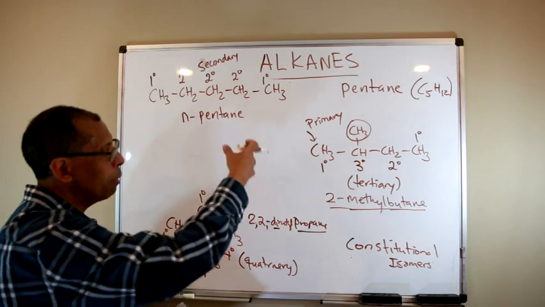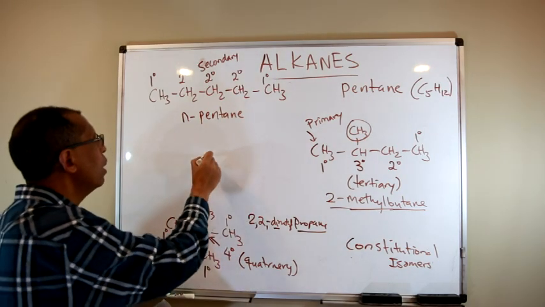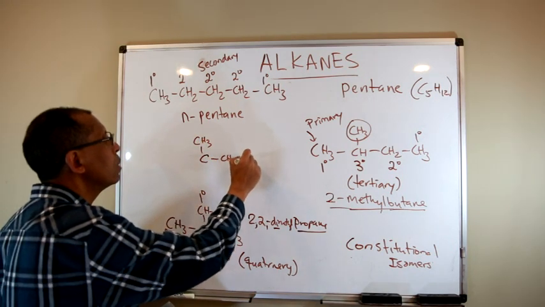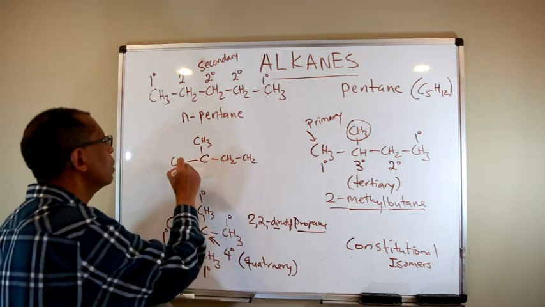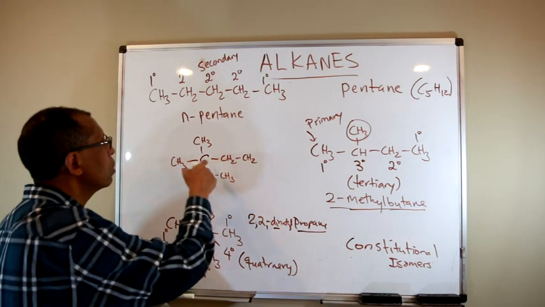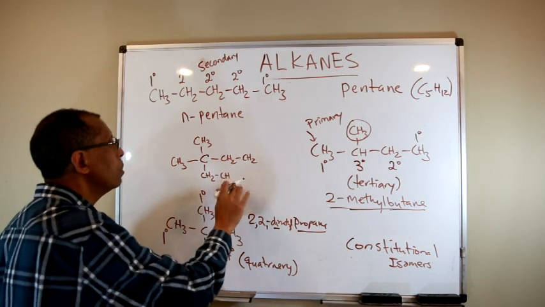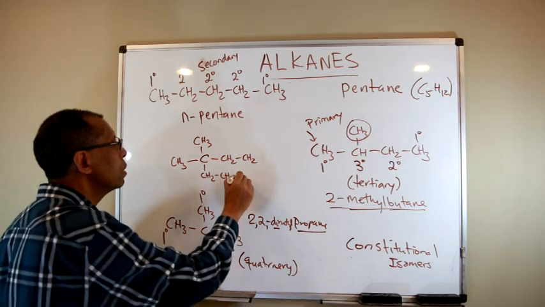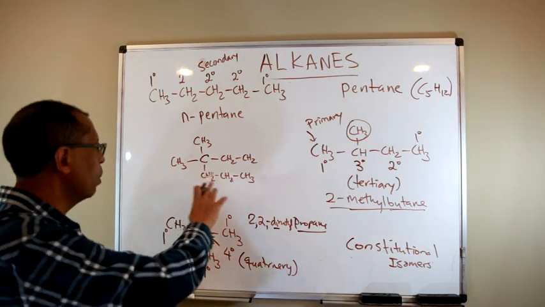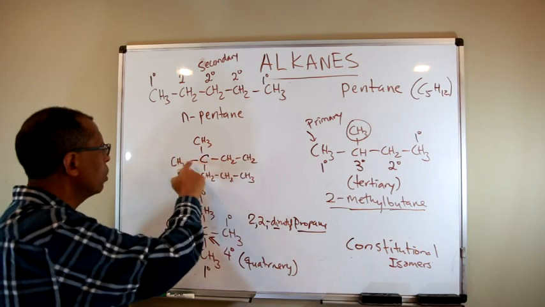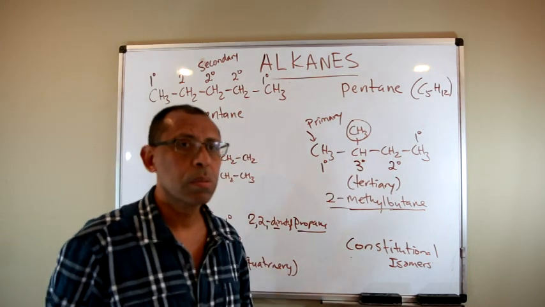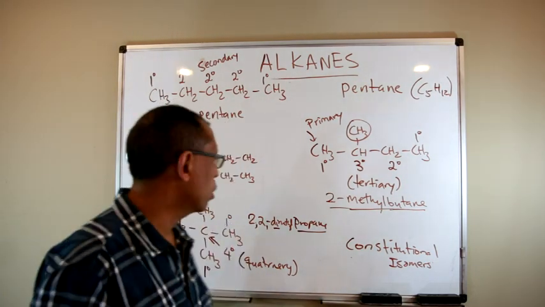In the naming, we'll discuss more later on, but I want to give you one more example, not of pentane, but for example a hexane type compound. So if you have something like this, how many carbons is this? 1, 2, 3, 4, 5, 6, 7, 8. 8 carbons could give you a lot of different constitutional isomers possible.